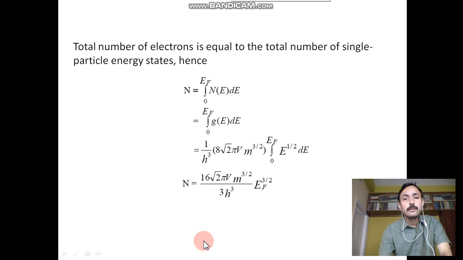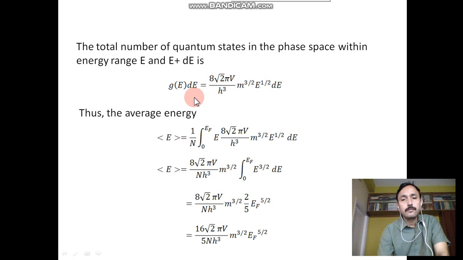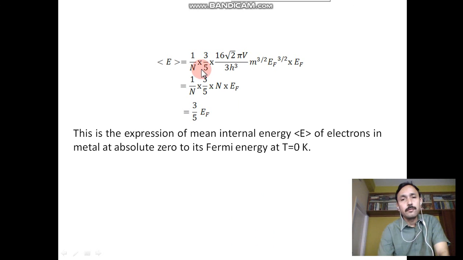Now what will be the expression of average energy? So average energy Ē is equal to 1 by N into 3 by 5. Here it is 16 root 2 by 5. We are taking for this term 3, we are just arranging.